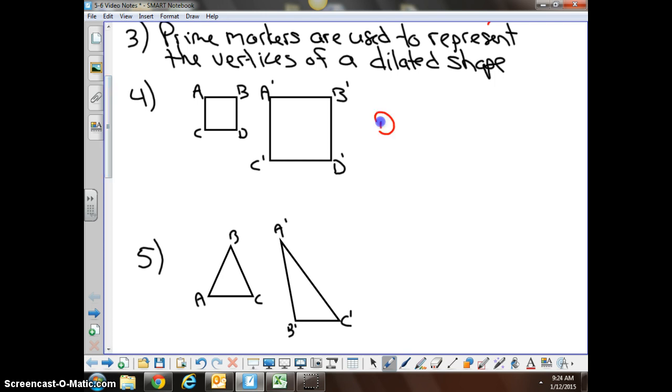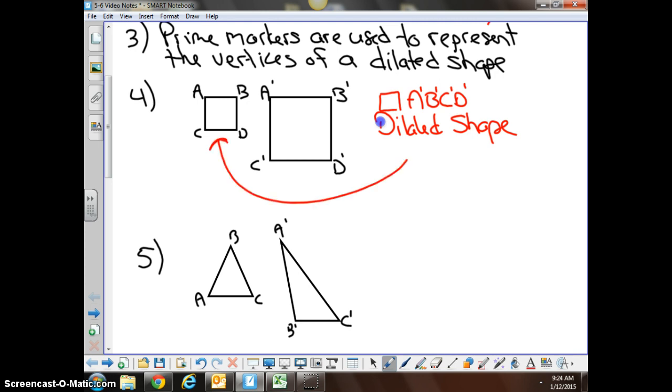So this would be a dilated shape. Square A prime, B prime, C prime, D prime is a dilated shape from the original, which is square ABCD.